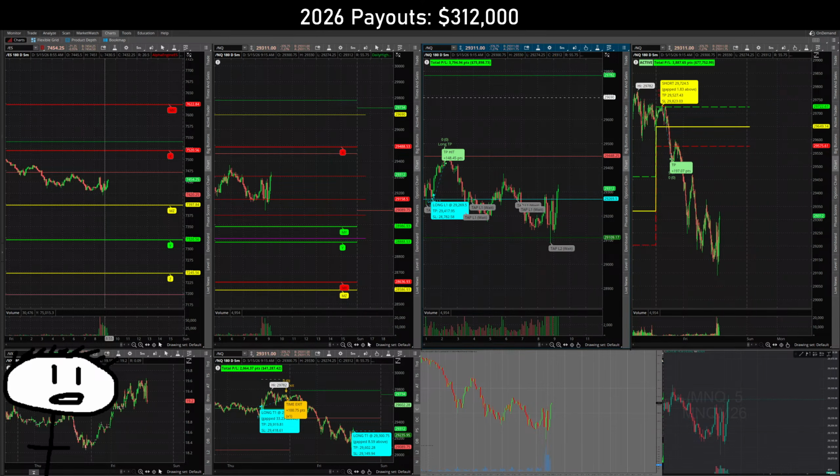What are the possible entries? The long just popped up. Entry at 300. But the stop loss is 149, which is 150 points, which means because Top Step has the 1K drawdown, I have to use like 3 micros.